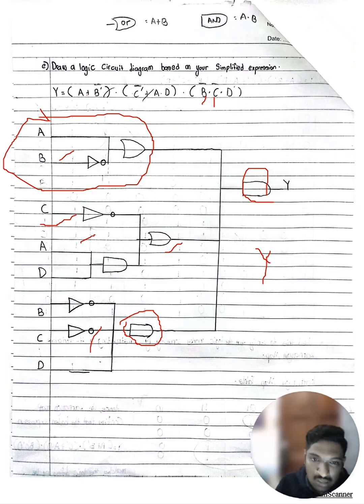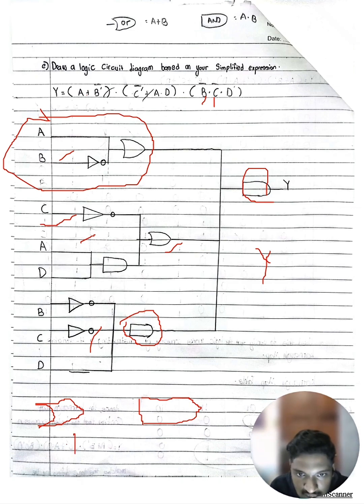So for more simpler, this is the OR diagram. Maybe it will look like this because I'm drawing on this. And this is an AND diagram. Yeah, it will look something like this. Okay. So OR means we have to plus, then AND means we have to times.